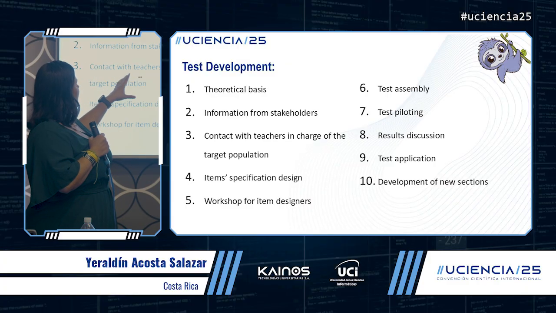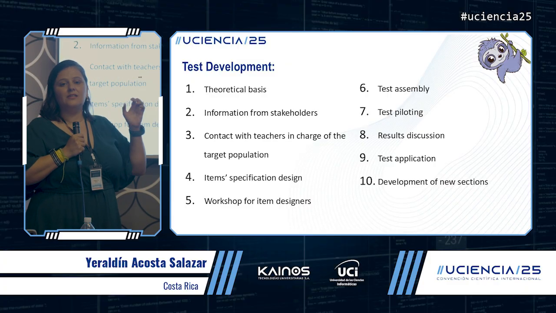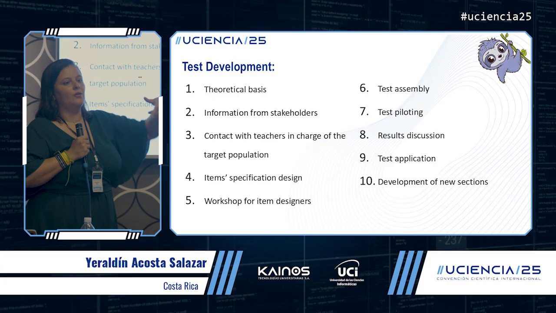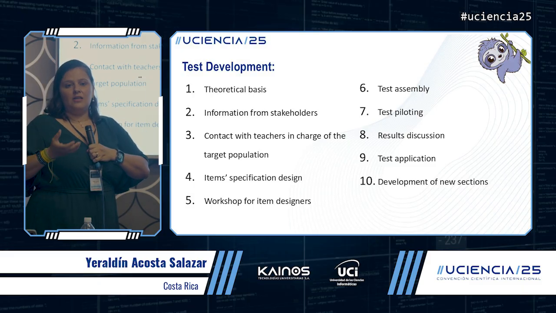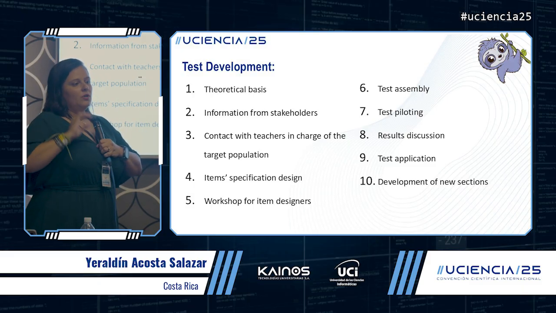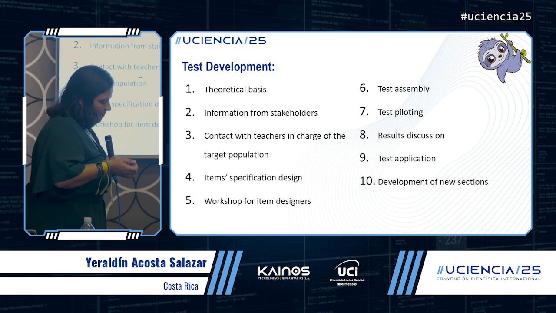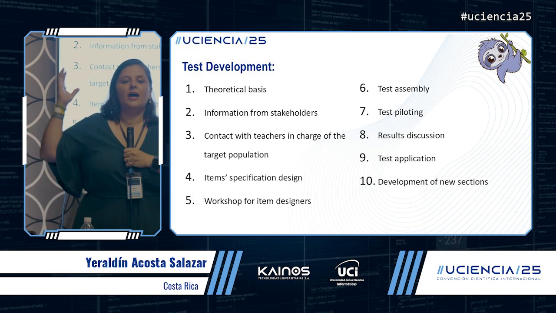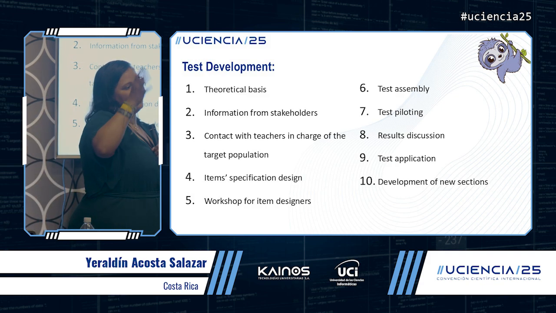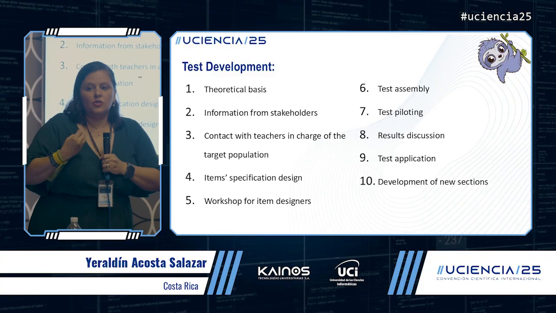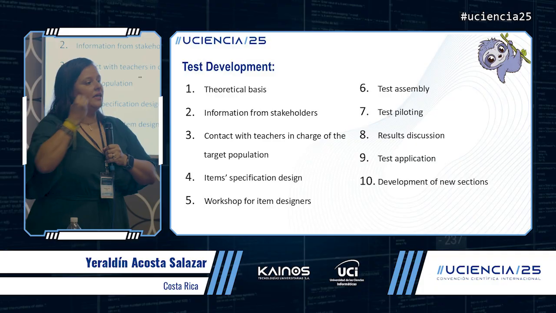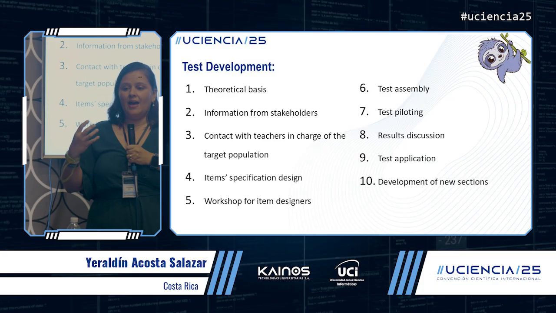Afterward, they gave us a list of teachers randomly chosen from all over the country, and they filled out a survey to identify what the perfect characteristics of the test were. Because of course we had a lot of theory, and theory sometimes says this or that, but we needed to know what the reality in the classroom was. So this is what happened with these teachers.